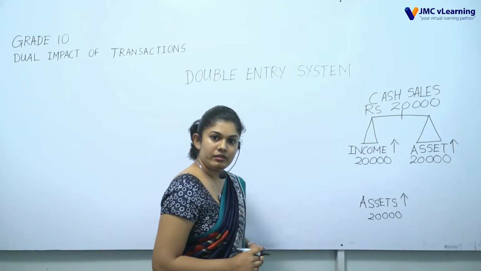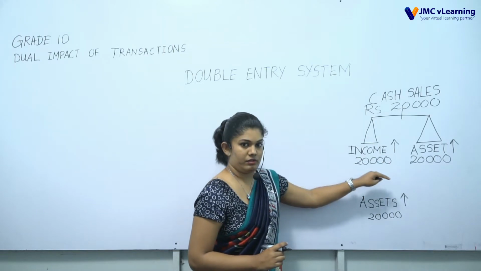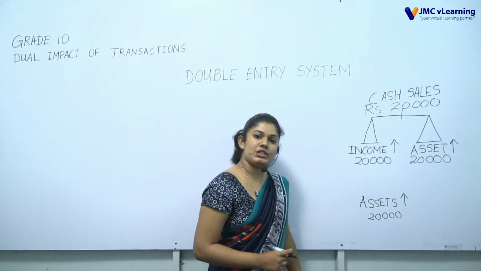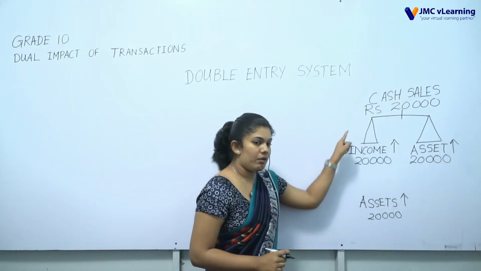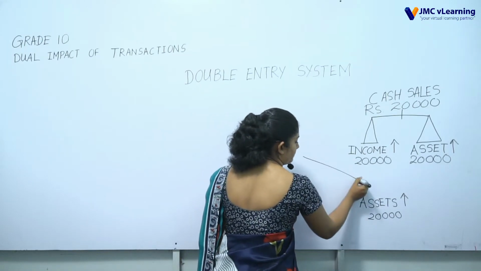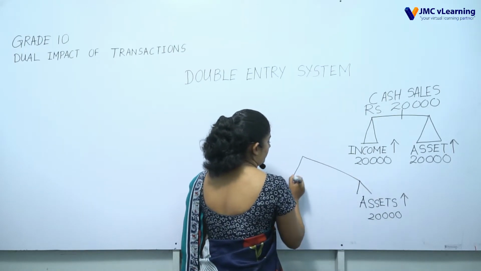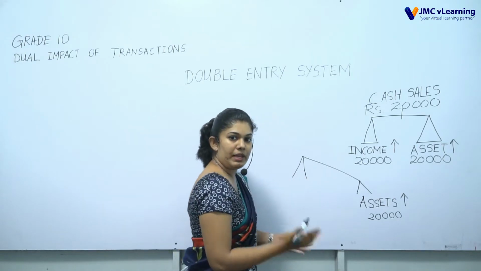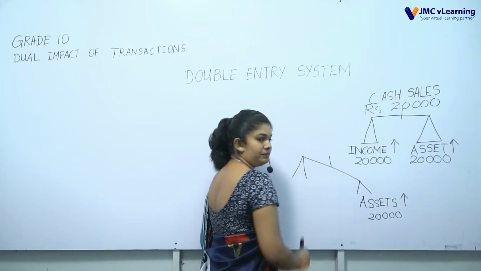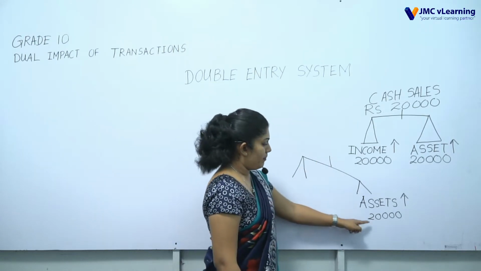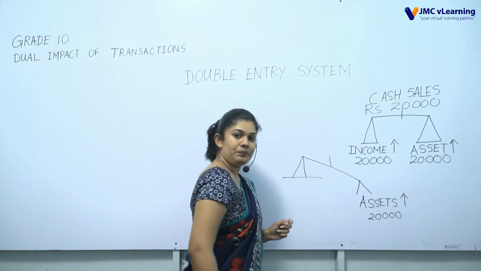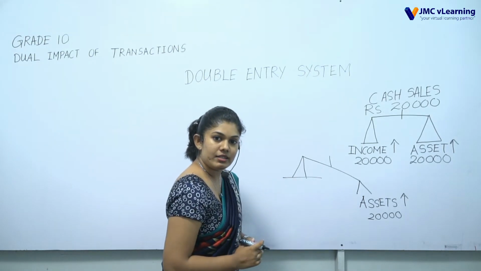What will happen if we record only this transaction? Will this scale be balanced? No. It will be like this. One side will be heavier and the other side is empty. So we can't balance it.